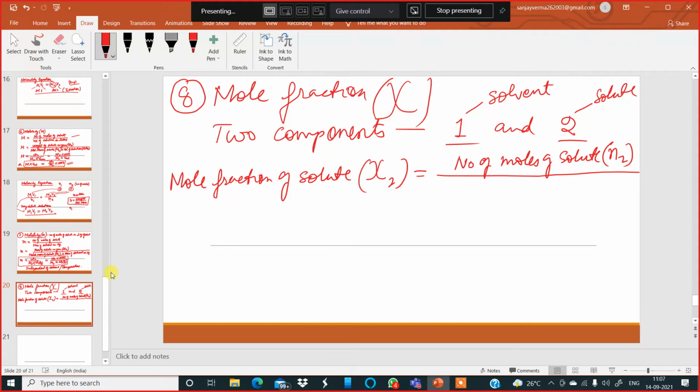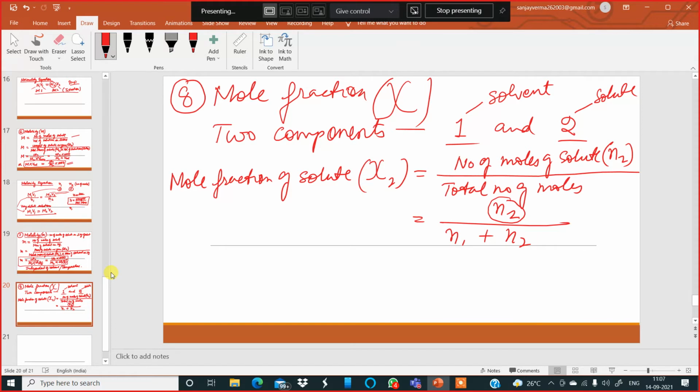It becomes N2 divided by N1 plus N2, which gives us the total number of moles. In the numerator you will see the number of moles of solute.